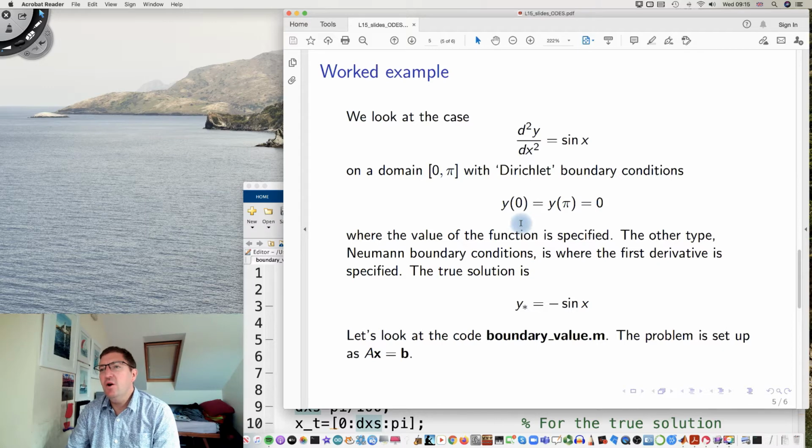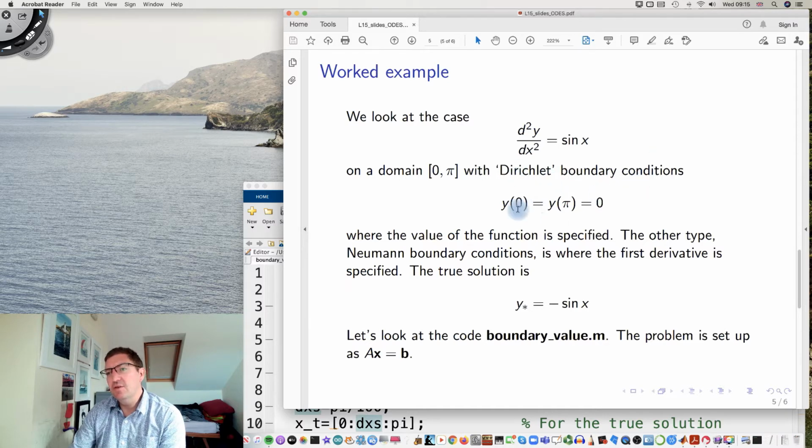And these boundary conditions, where we specify the value of y, have a name, and it will come up in other applied topics. It's called Dirichlet, after the person who used them first, maybe, or used them a lot. So Dirichlet comes up in other areas of mathematics, his name.